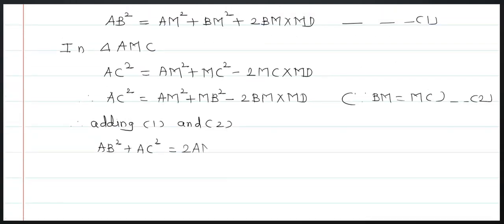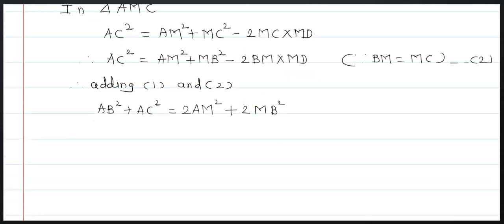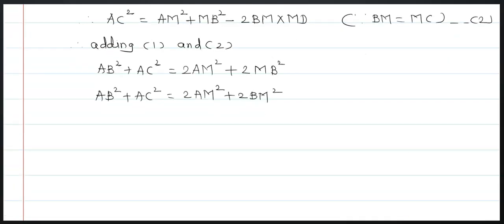AB square plus AC square is equal to 2 times AM square plus 2 times BM square.